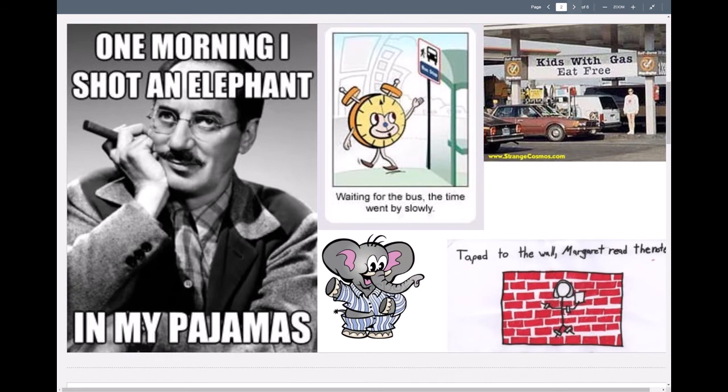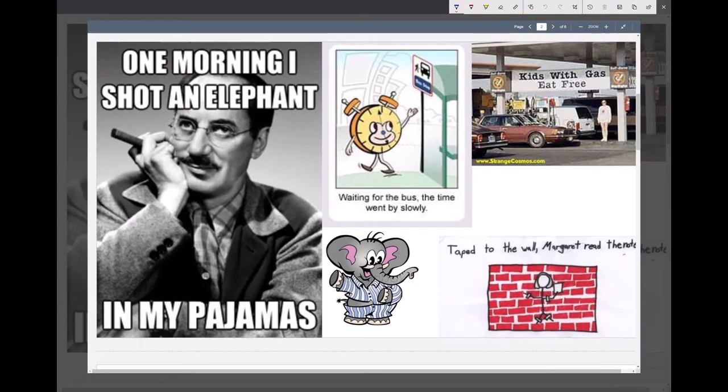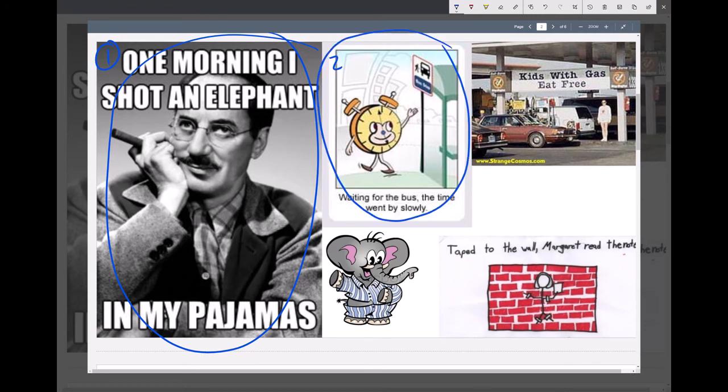There are 4 sentences here. So I'll show them to you. The first one reads, "One morning I shot an elephant in my pajamas." Number 2 is, "Waiting for the bus, the time went by slowly."